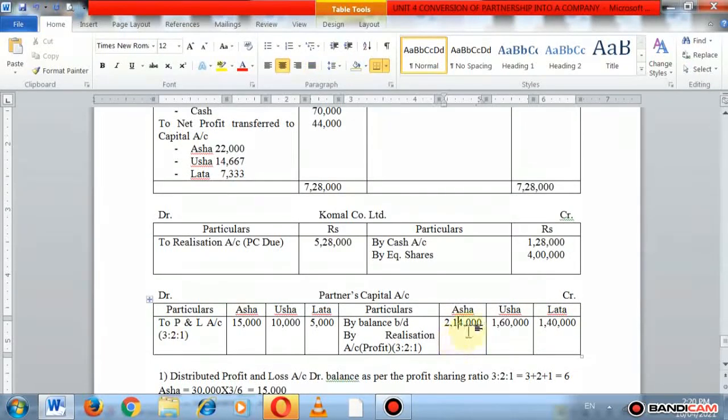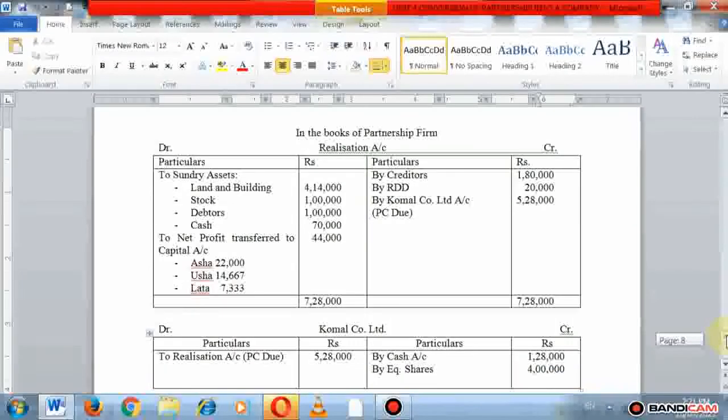So here we already computed the profit of each partner: 22,000, then the second one 14,667, then 7,333. 7,333 is the profit of Lata. Okay, now here we transfer the profit of the realization account.